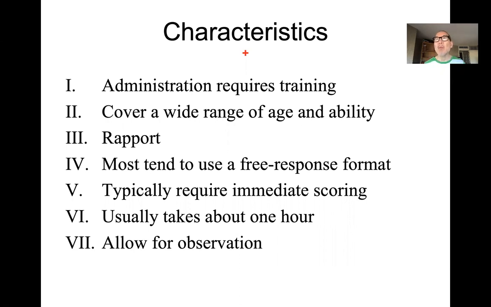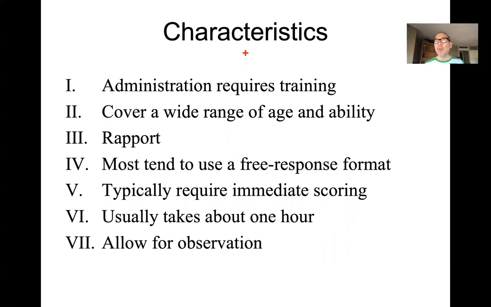hard copy paper book, or now online in many cases, to an individual, and they could just take it at the computer or take it at their desk. It involves active participation and involvement of the examiner, in asking questions, in laying out the tasks before the examinee.